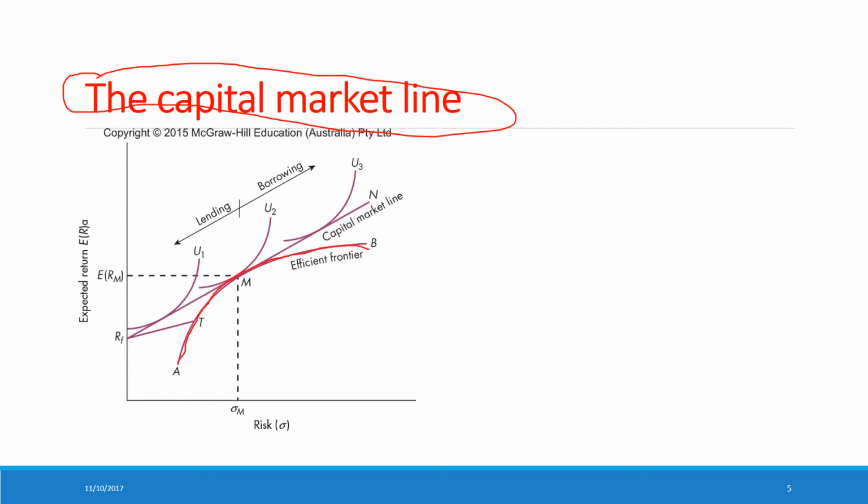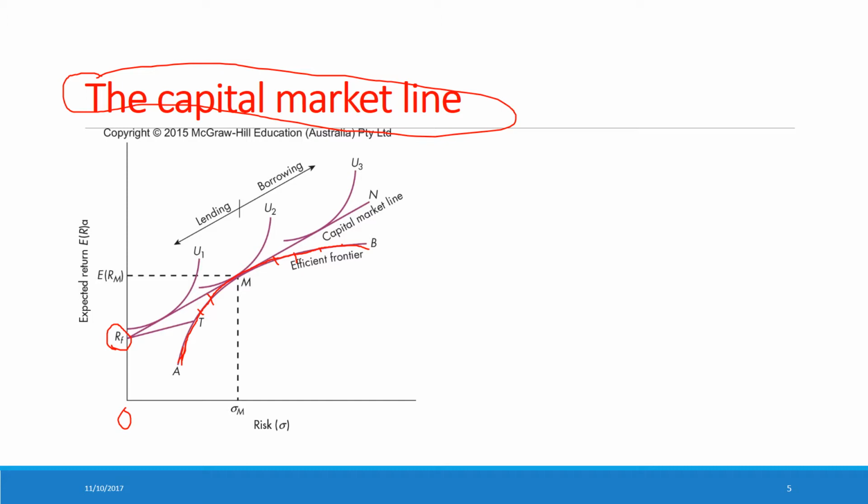So we're looking at Markowitz efficient frontier. Without a risk-free asset, if all assets are risky, so we don't have any assets with zero risk, this is the efficient frontier. So a risk-averse investor would pick any point along the efficient frontier, as we mentioned before.